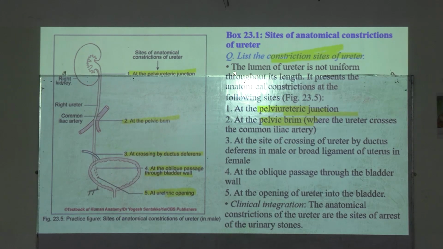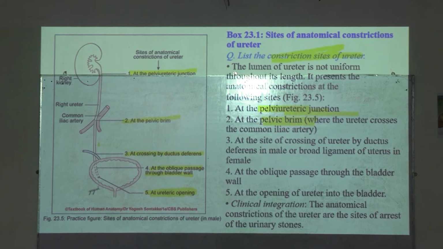You may forget the five ureteric constrictions. Just remember the pelvic-ureteric junction, the level of crossing of pelvic brim, and another constriction at the entry of the ureter in the urinary bladder. There are three major constrictions.